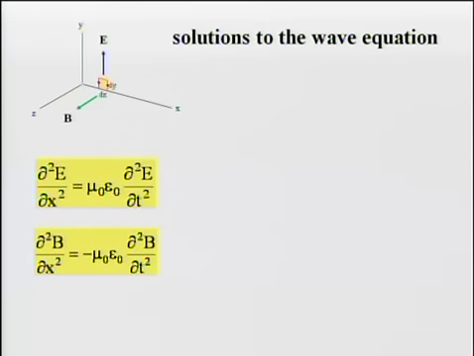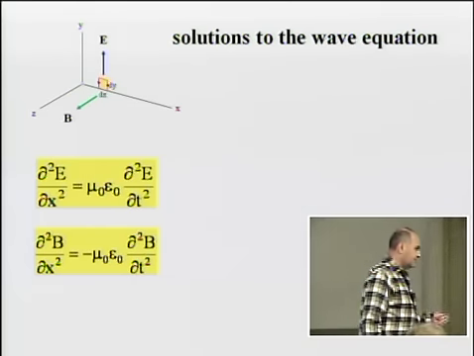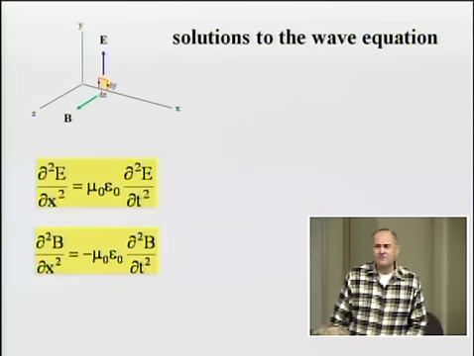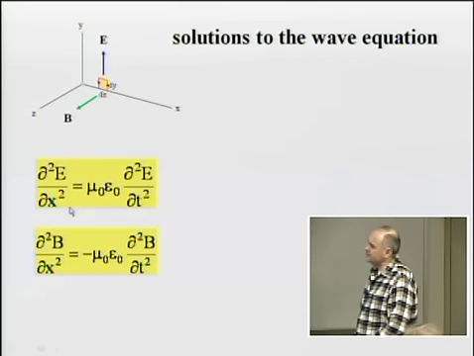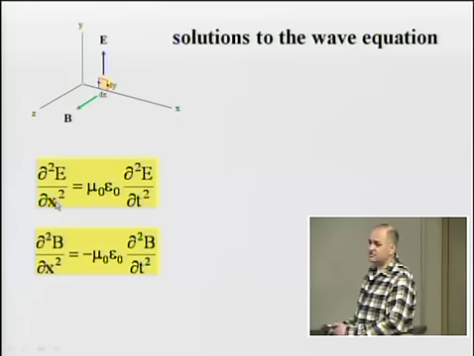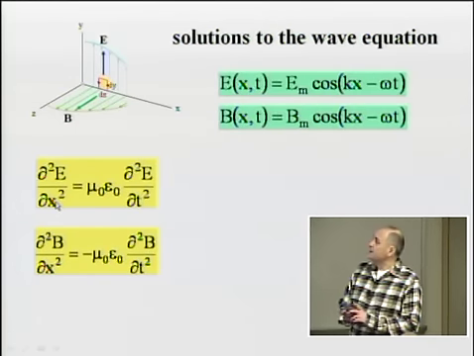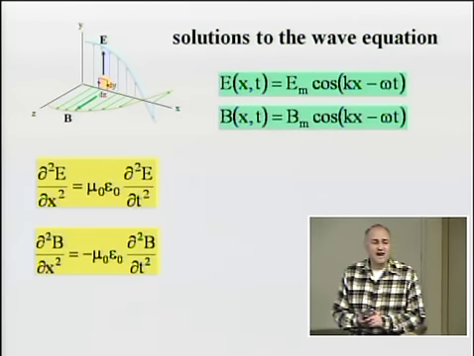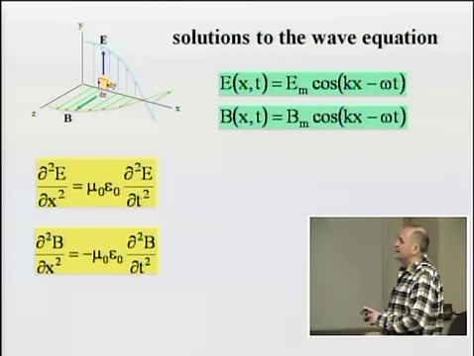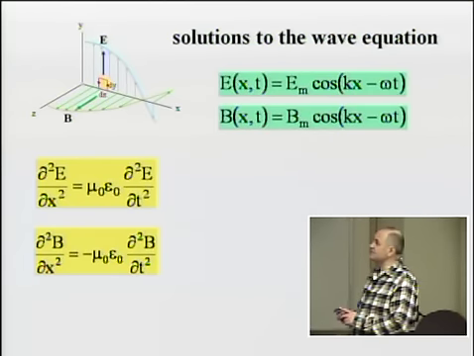Well, maybe it isn't clear, because here is a derivative with respect to time, and here is a derivative with respect to position. These types of functions, trigonometric functions, satisfy these two equations.